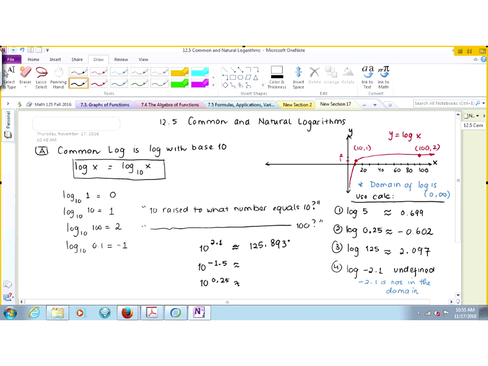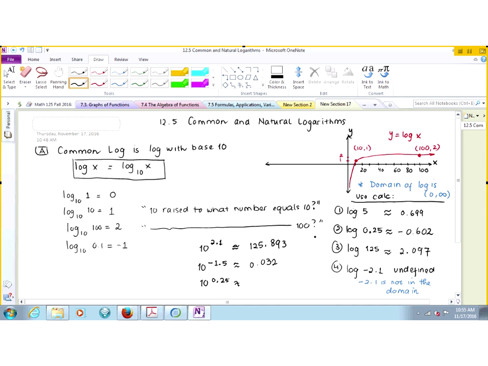Yes. 10 raised to the negative 1.5 is 0.032 approximately. Do you guys follow? No? Why don't you try it? Let me see. Yes, everybody should know how to calculate it.